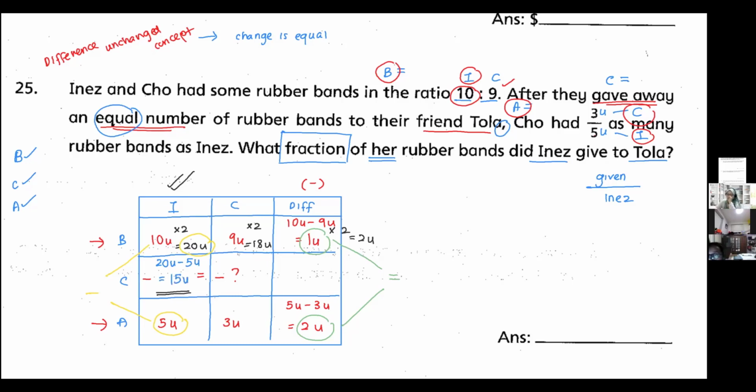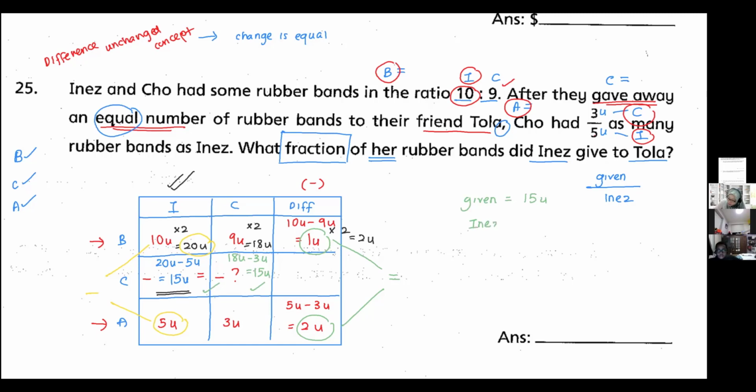Okay? To double check, let's check Cho to see whether it's the same. 18 units minus 3 units equals 15 units. So we are on the right track. So we know that the given is 15 units and Ines has a total of 20 units at first, right?